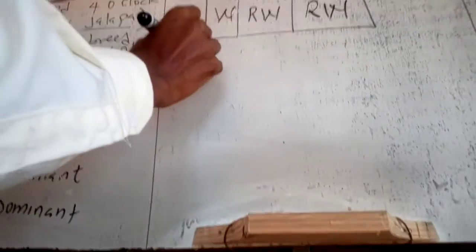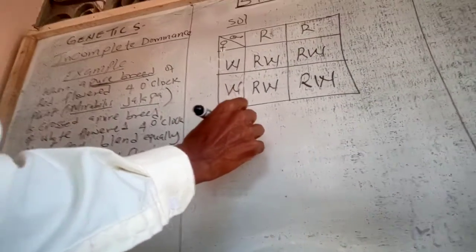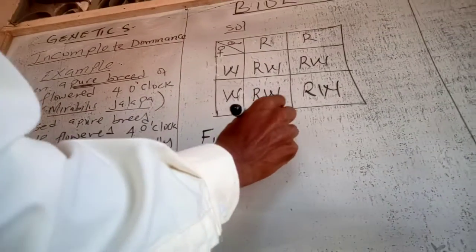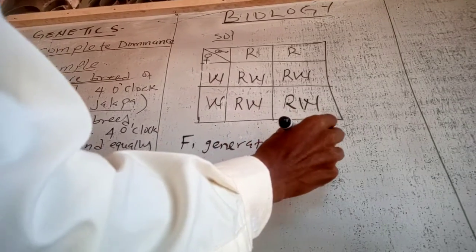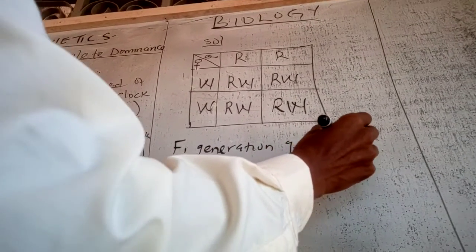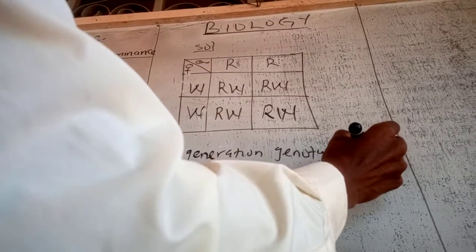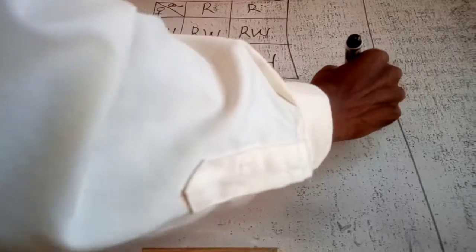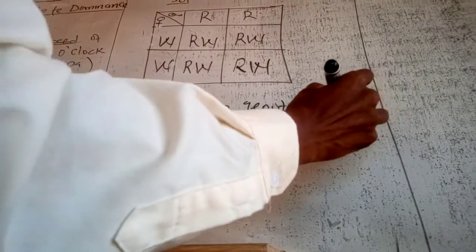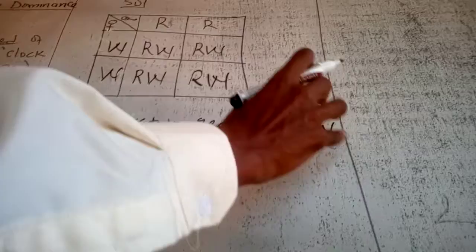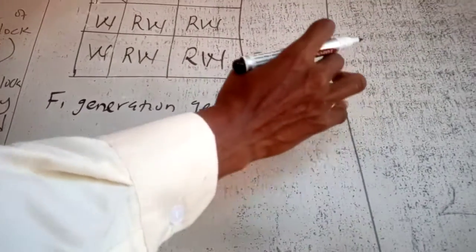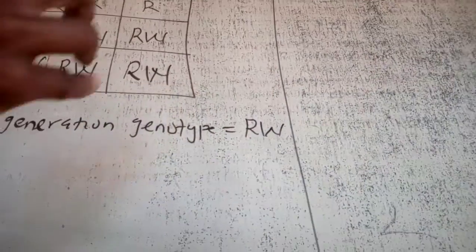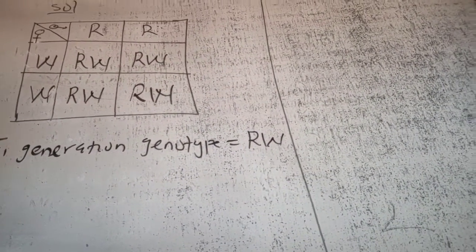As far as the F1 generation genotype is concerned, all of them will have RW, meaning that the genes R and W will be possessed by those individuals.